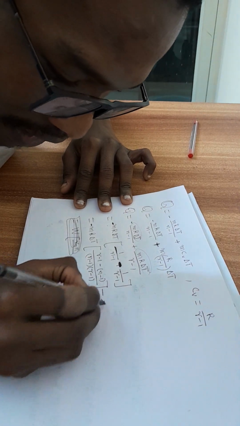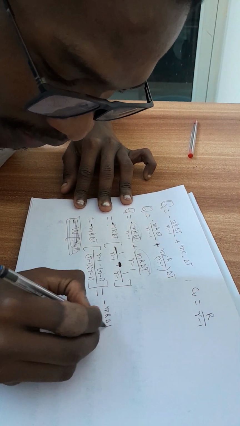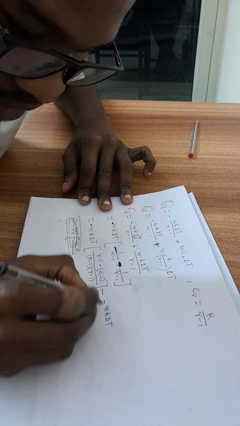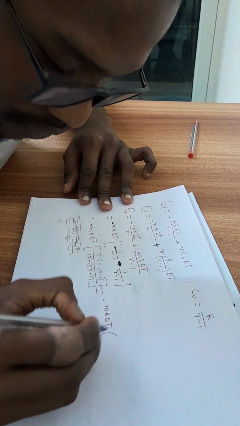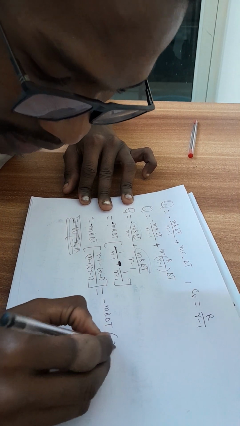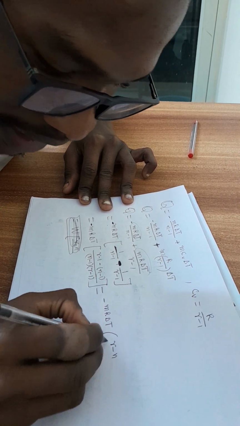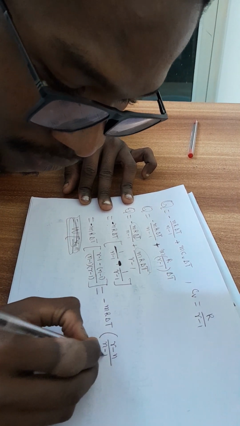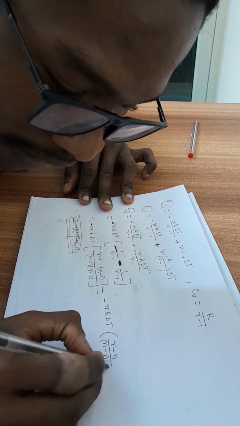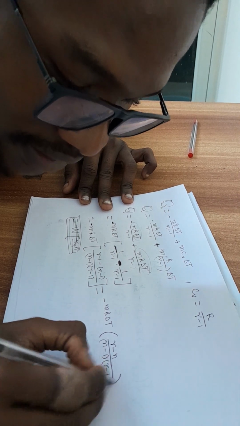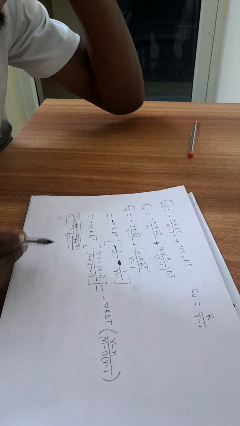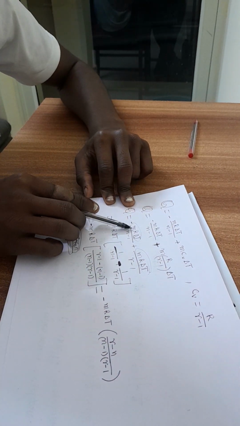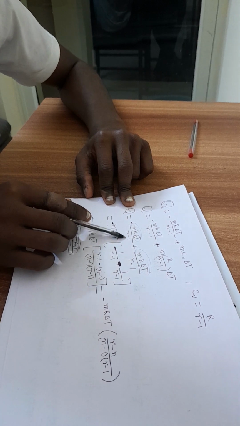This is minus mR delta T, which will be equal to gamma minus n upon n minus 1 times gamma minus 1. See, the work done is minus mR delta T upon n minus 1.